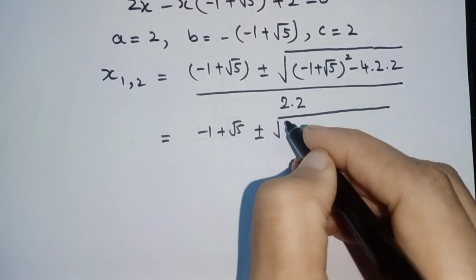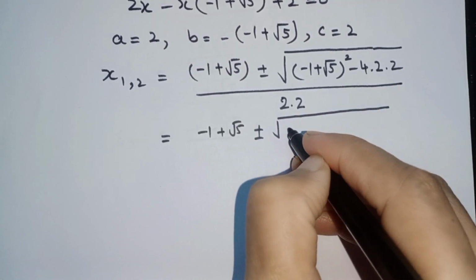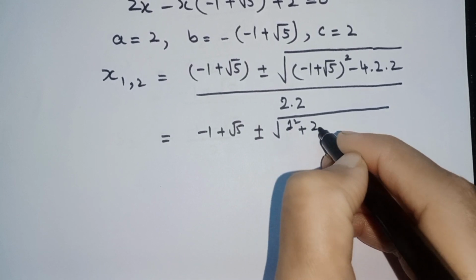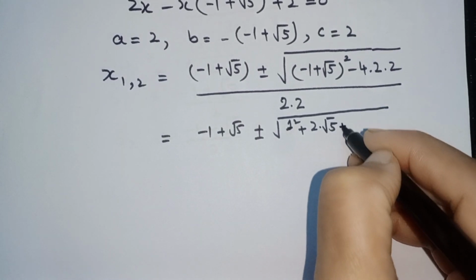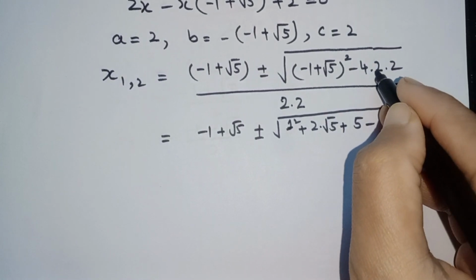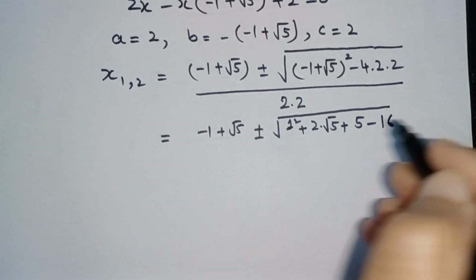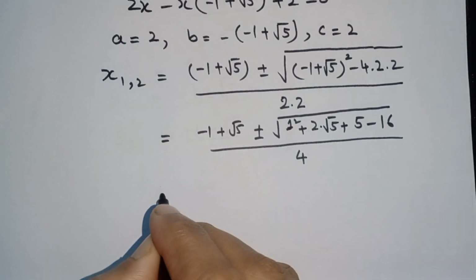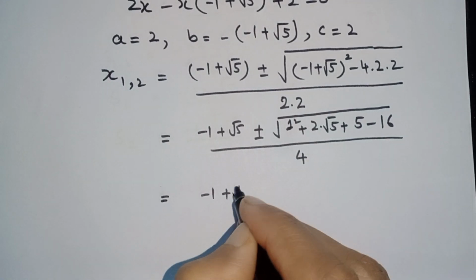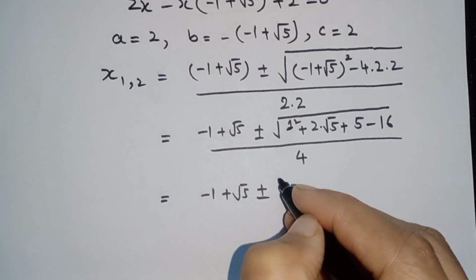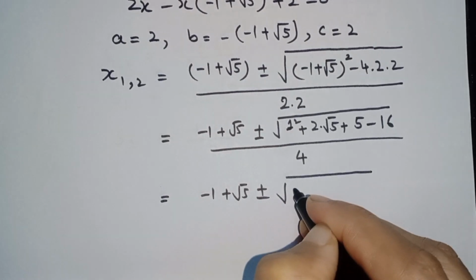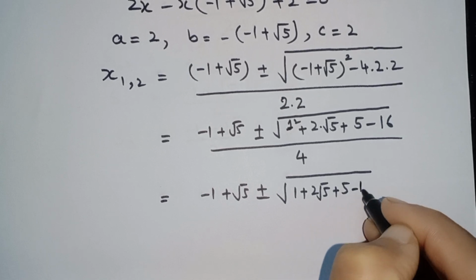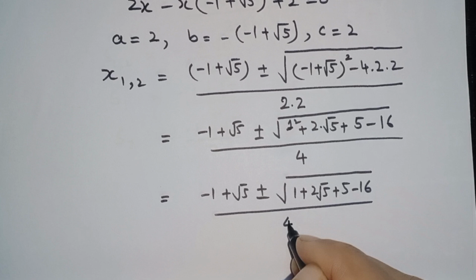Here we will raise this expression to the power 2, that is 1 square plus 2 into square root 5 plus 5 minus, here 4 times 2 times 2 will give us 16, over 2 times 2 will give us 4. So from here minus 1 plus square root 5 plus or minus, here we have 1 plus 2 square root 5 plus 5 minus 16 over 4.